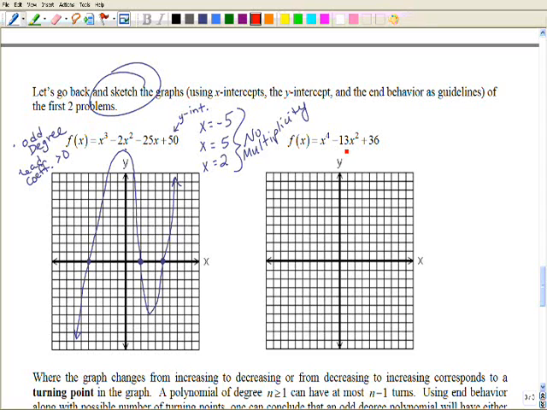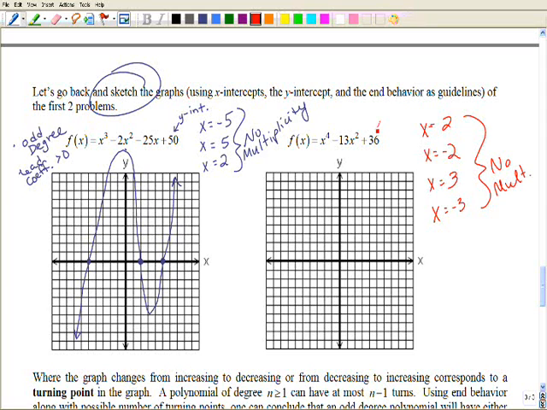So we had x to the fourth minus 13x squared plus 36. So here we had roots of 2, -2, 3, and -3. So again, these do not repeat. There are no multiplicities.